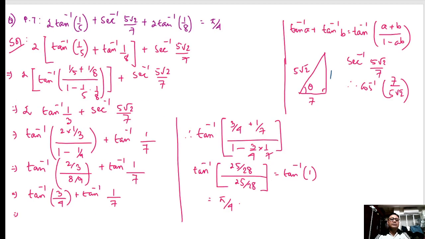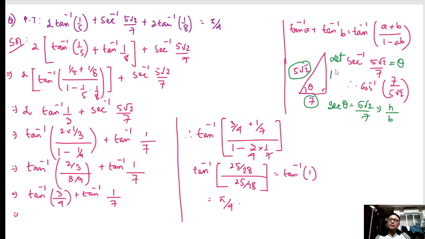So next, let's see the next sum. 2 tan inverse 1 by 5 plus sec inverse 5 root 2 by 7 plus 2 tan inverse 1 by 8 equal to pi by 4. Okay, so see, sec inverse 5 root 2 by 7. Let this be theta. So sec theta will be what? That means this is my hypotenuse, this is my base, as you can see.